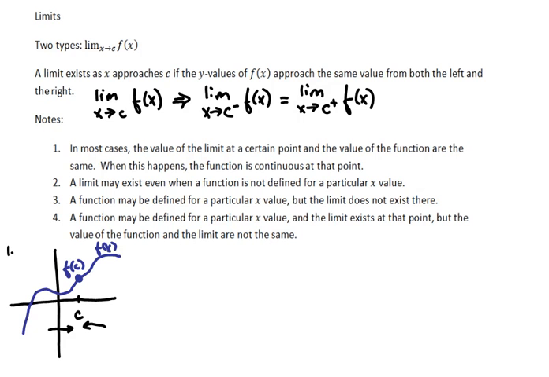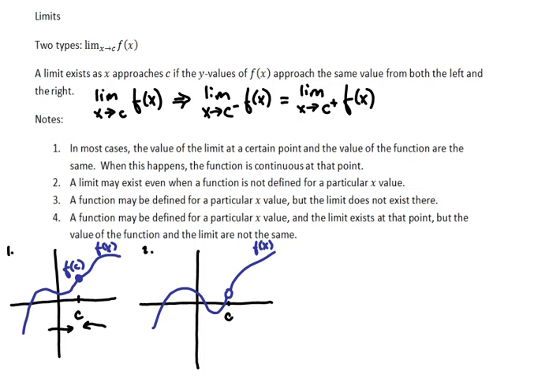The second case, a limit may exist even when a function is not defined for a particular x value. So in the second diagram, you can see that as x is approaching c, both from the left and the right, the y values seem to be converging at the same value.